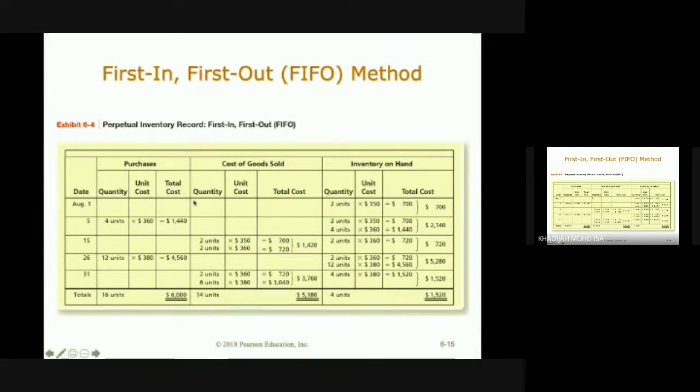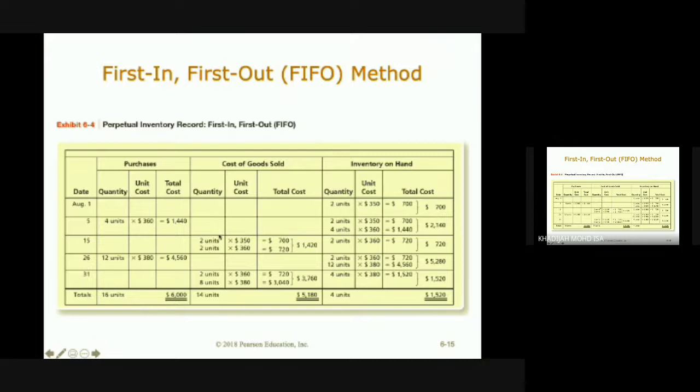And then on the 15th of August, remember this one is first in, first out. So you sell 4 units, and you have to decide what would be your unit cost under FIFO. When you sell 4 units under FIFO, it's assumed that you are going to sell the first units that you have, which is the 2 units at 350.